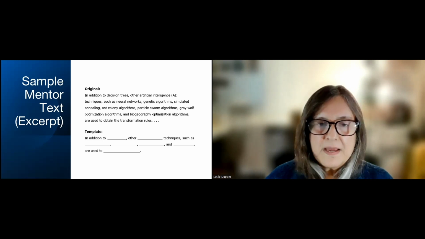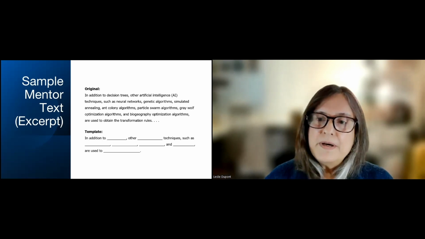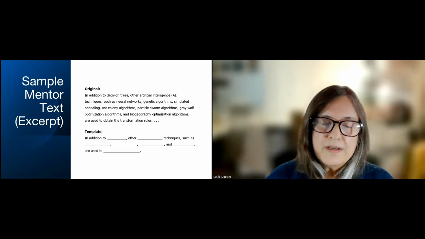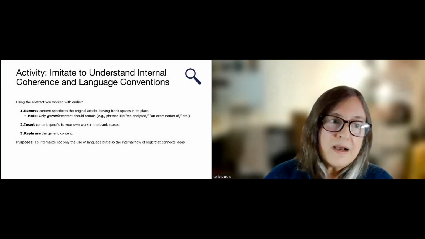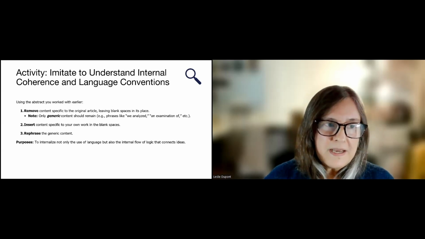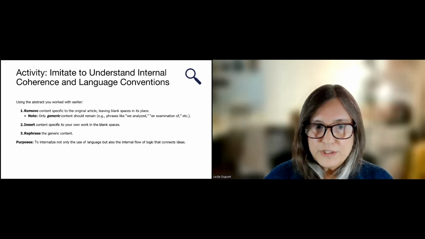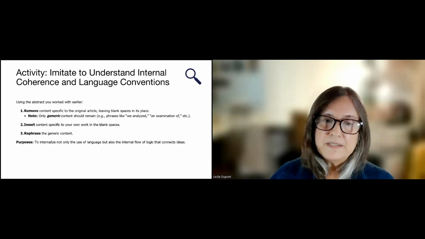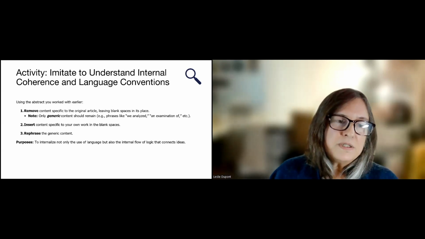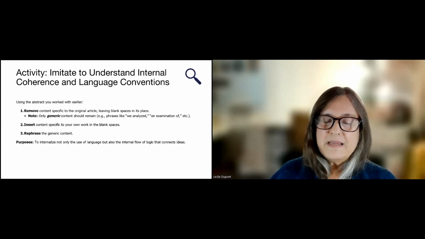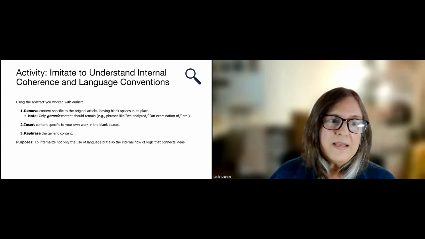For purposes of time, I just did this short one, but for you, it might be more effective to work with an abstract. So I'm actually going to ask you to do that using the abstract you worked with earlier. Start by removing the content specific to the original article and leaving blank spaces, just like we did, so that only generic statements remain. Then start with that.